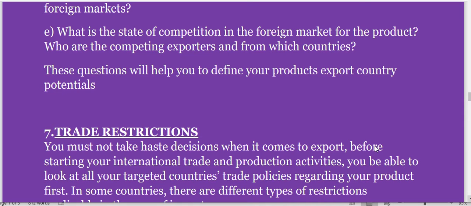So once you realize that your product is not going to move in your target country, then you need to shift your attention to a different country that will need your product. Now, when we get to how to find your best niche product, you're going to understand how you can do all this very easily.